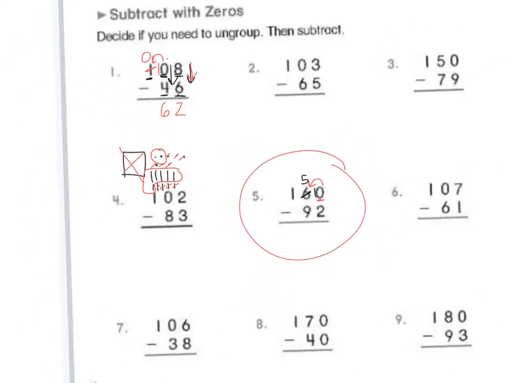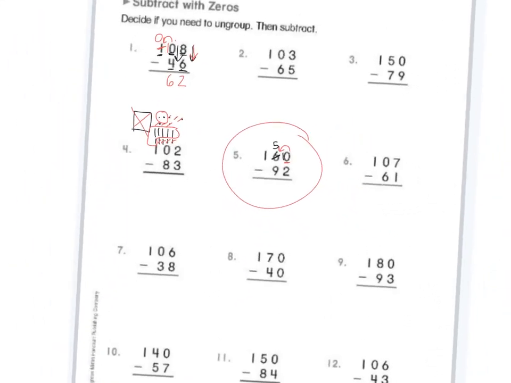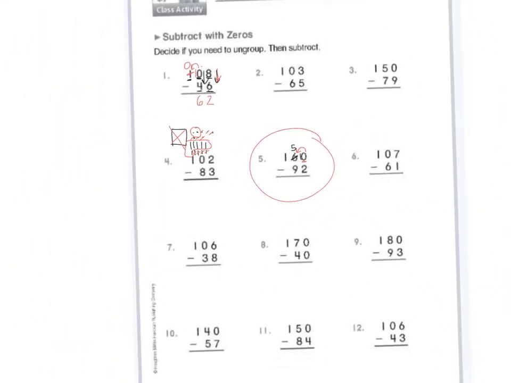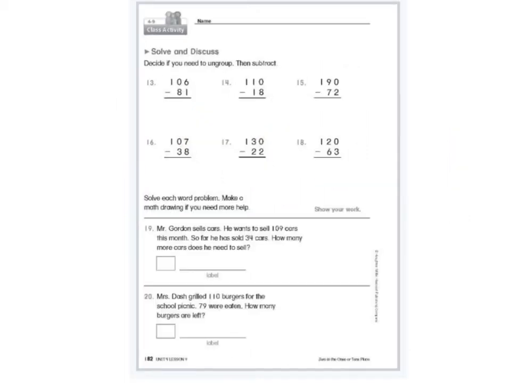So go ahead and complete this page, and then you're going to go on to the next page in your SAB, page 182. Okay, on page 182, you are going to be doing the same thing at the top of the page. You're going to be first deciding if you need to ungroup.